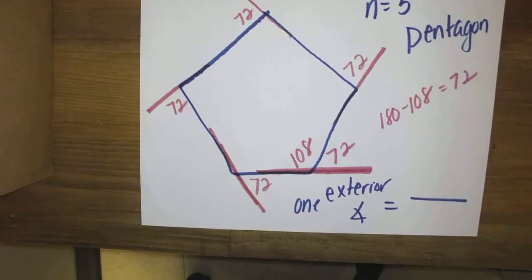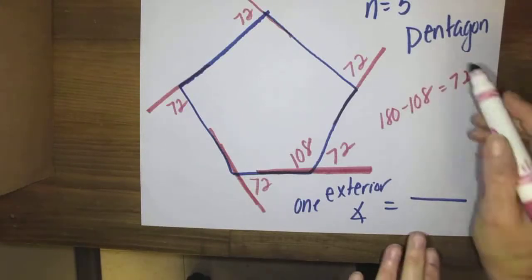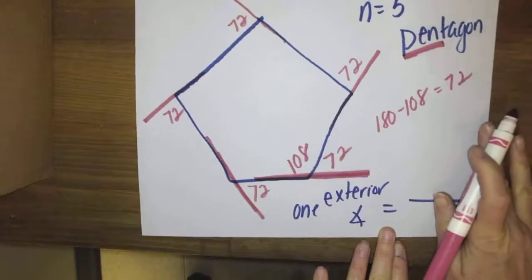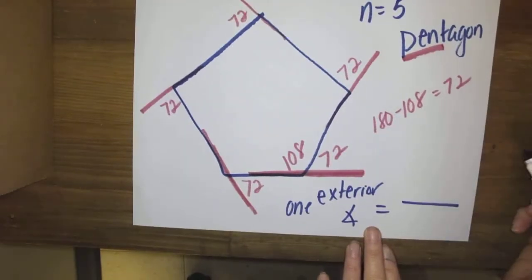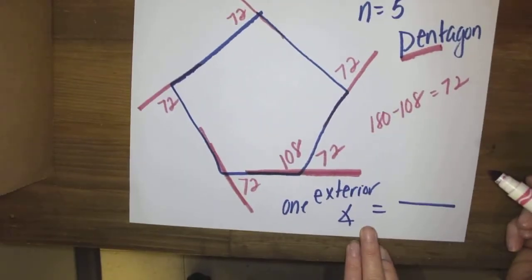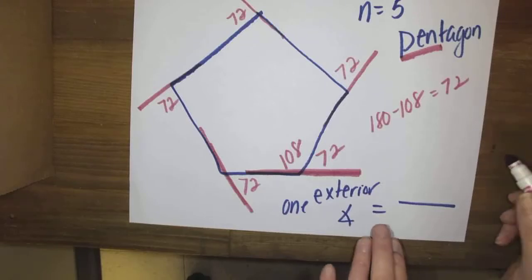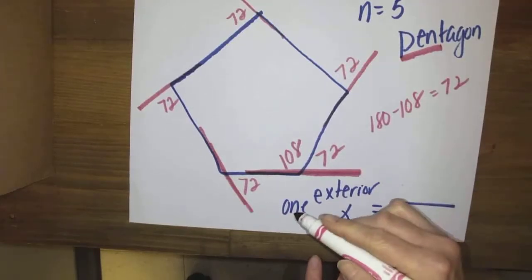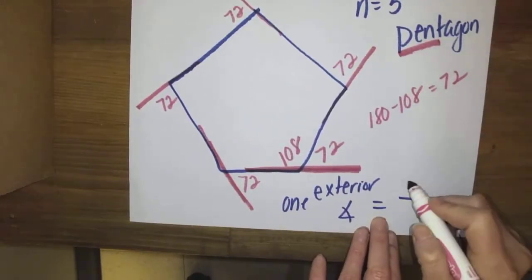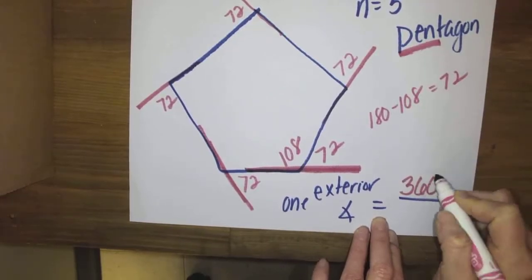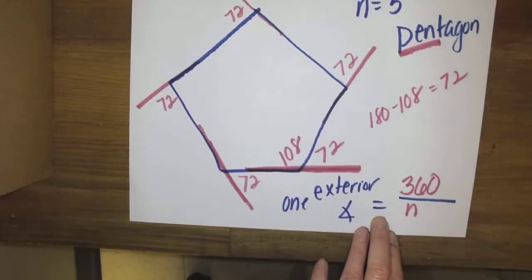And to be quite honest, if you put one exterior angle at each vertex of any regular polygon, whether it has 5 sides like the pentagon, 6 sides like a hexagon, they will always add to 360, which is interesting, I think. So the formula for one exterior angle is 360 divided by n.